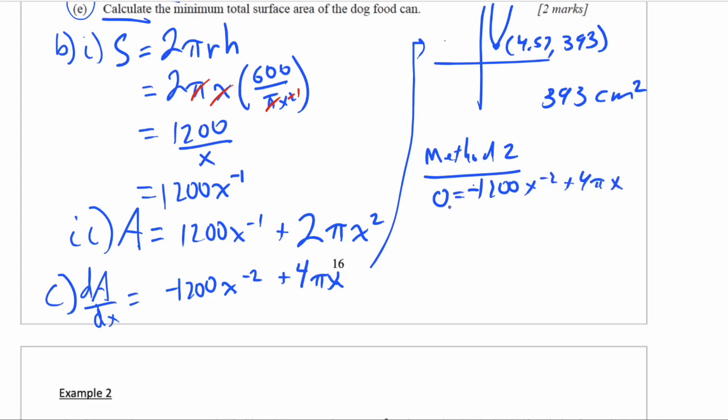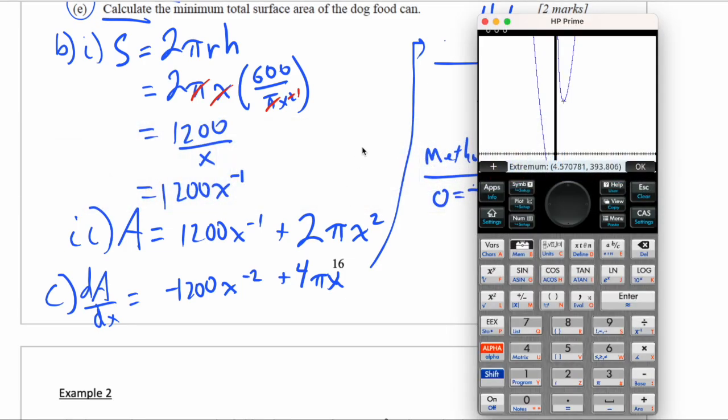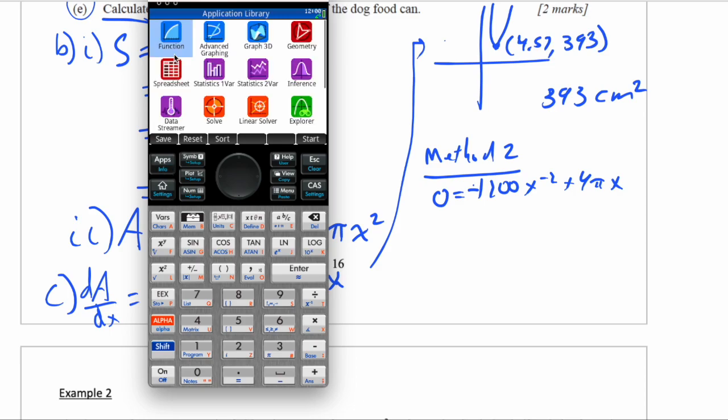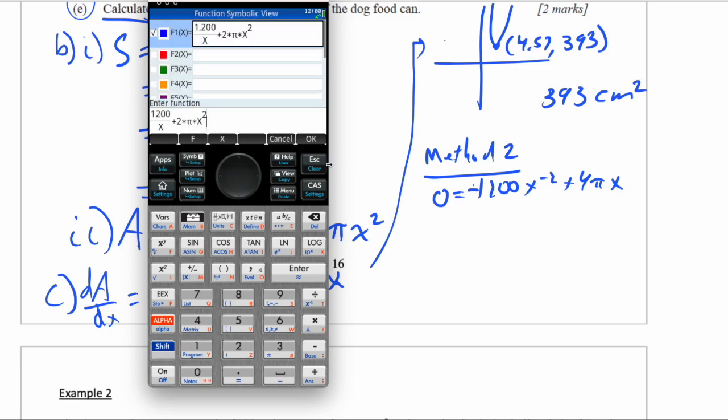Let's do that on the calculator. Let's go to function and delete this one, and type in negative 1200 over x squared plus 4 pi x.